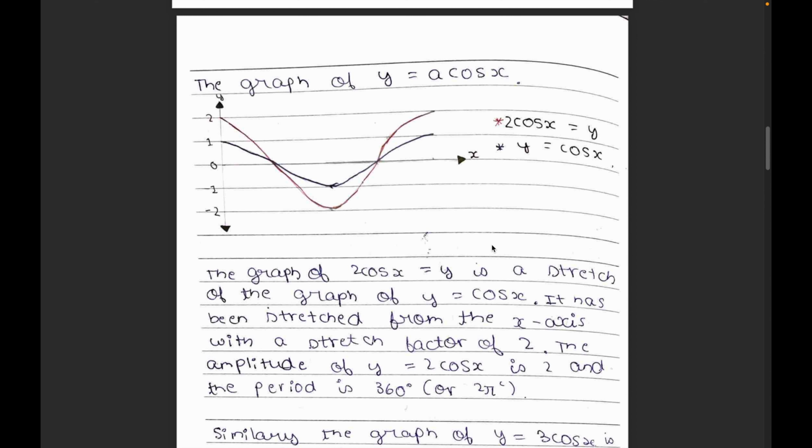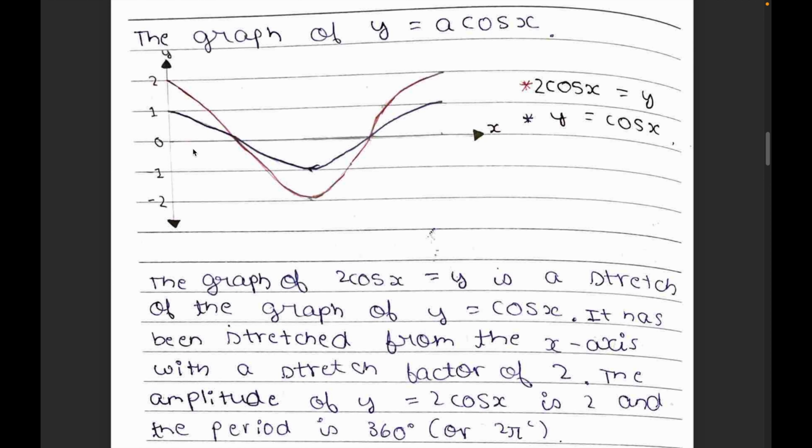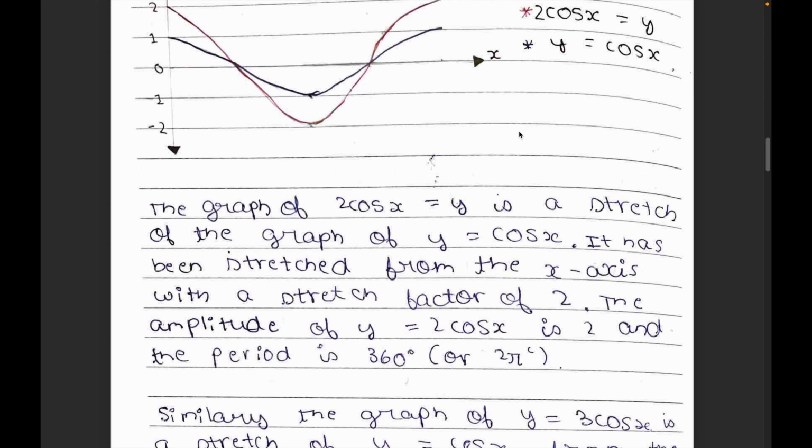I'm just gonna brush past this really quickly because we've already done something very similar with sin x. So this is the graph of cos x, and this would be 2 cos x because the amplitude will double, because we have the value of a as 2. It's a stretch of the graph of y equals cos x, stretched from the x-axis with a stretch factor of 2.